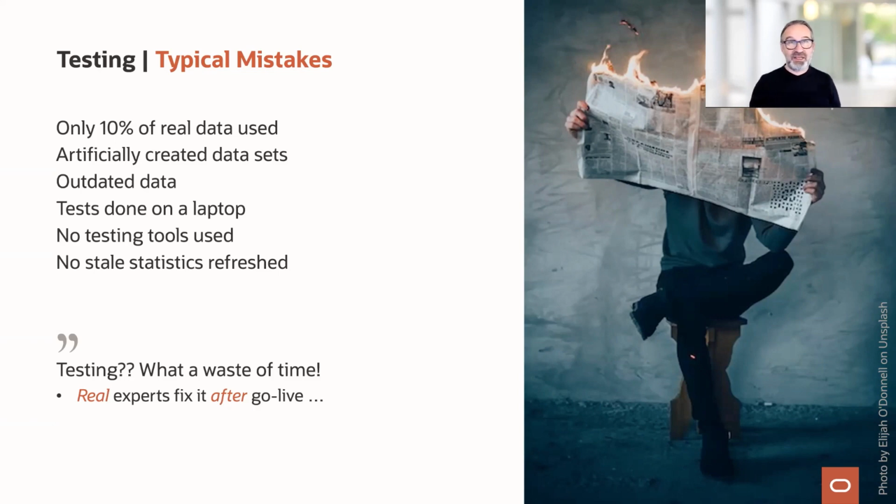Or we had terabyte installations of HP in production and the testing was done on Linux. Yeah, it can work, but this is not ideal. I hope we all agree. No testing tools used, especially if you take some of the previous parts and then you have no testing environment, no testing tools, then it's bad. This is asking for trouble. And also no stale stats refresh, but we'll cover this today as well.